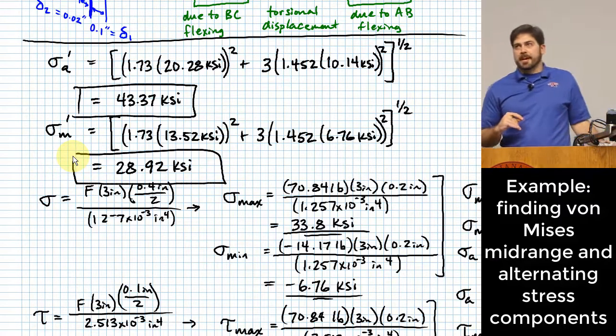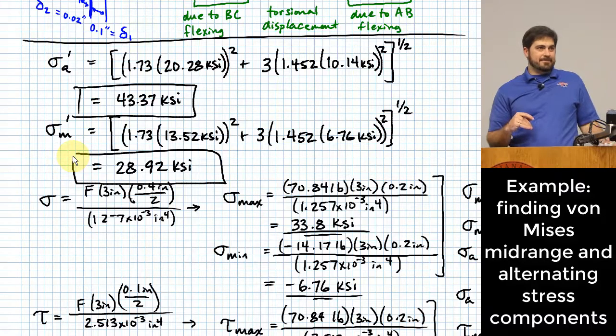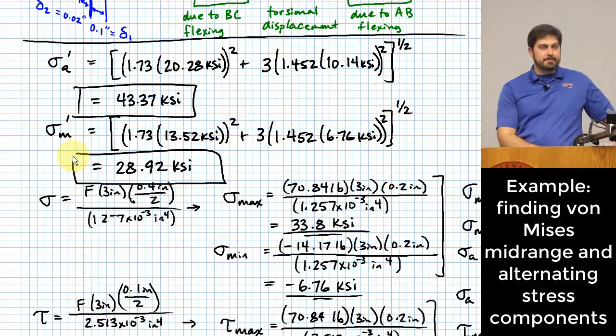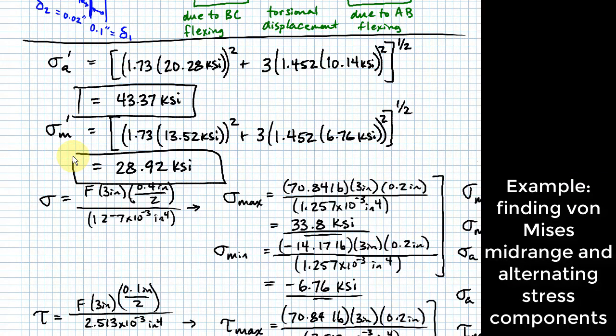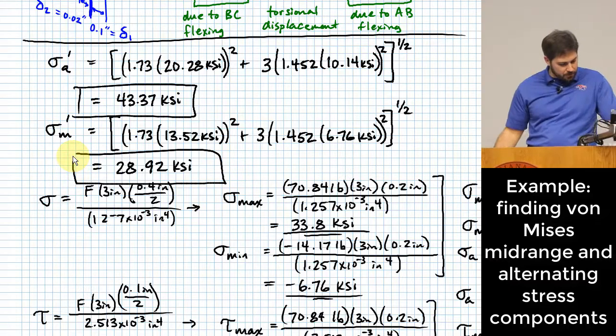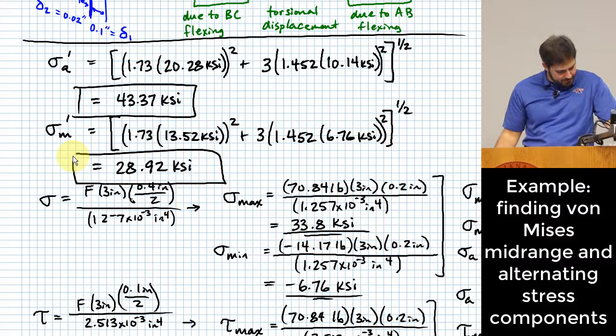So it's worthwhile now looking back at our equation and seeing what we need. We're using an equation here on page 316 for the ASME elliptic criteria.